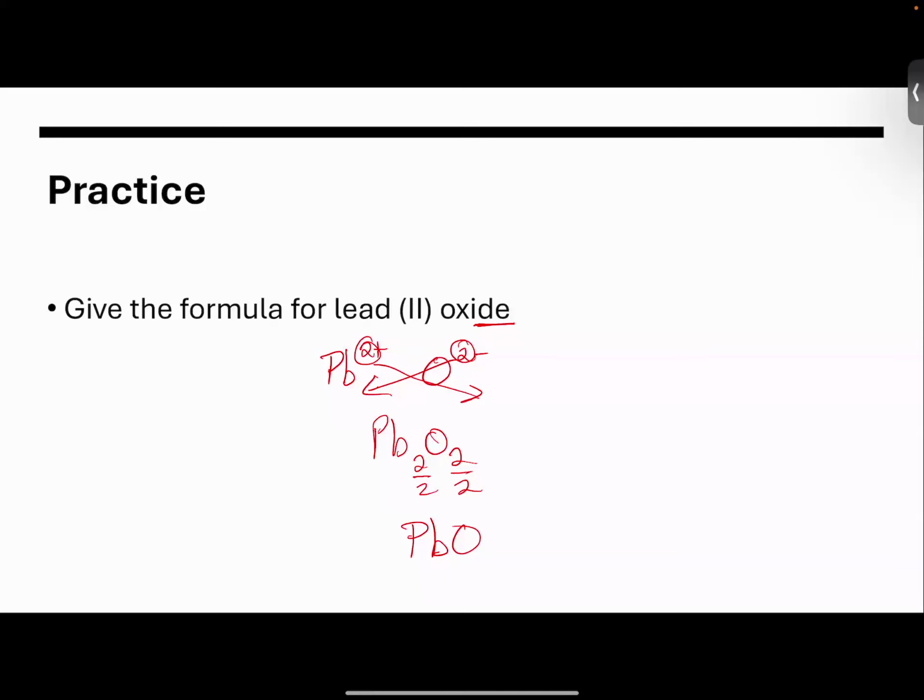Start memorizing your anions of elements. For group 17 nonmetals and metalloids, it's a -1. For group 16 nonmetals and metalloids, it's a -2. For group 15 nonmetals and metalloids, it is a -3. You must know these.